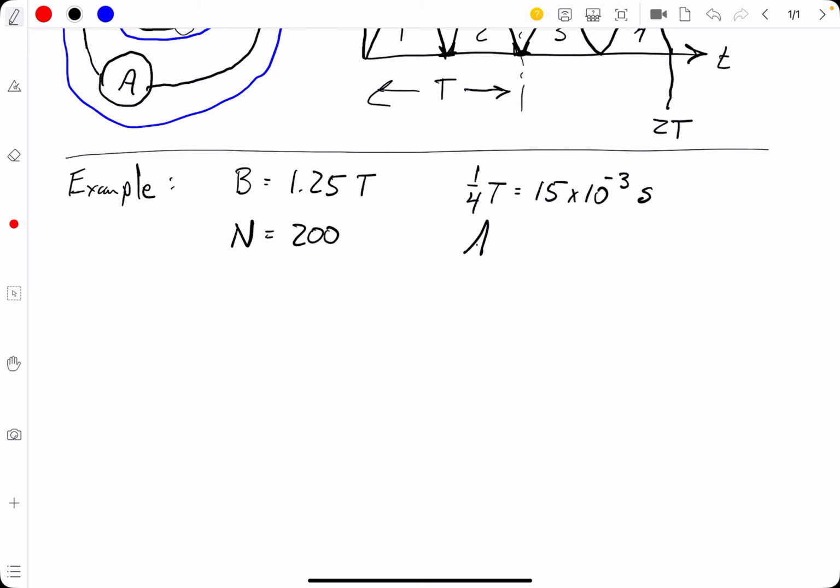We've got an area for our loop, and that is equal to 7.85 times 10 to the minus 3 meters squared. So our question is, what is epsilon max?